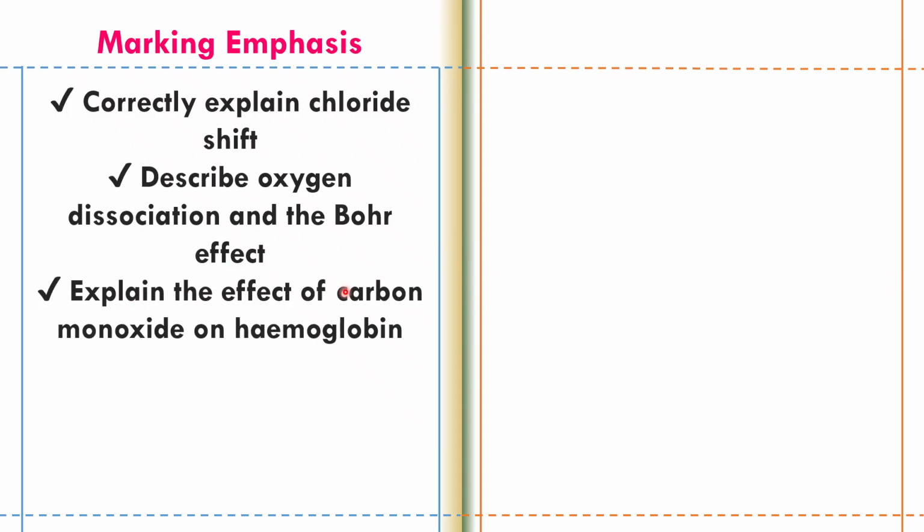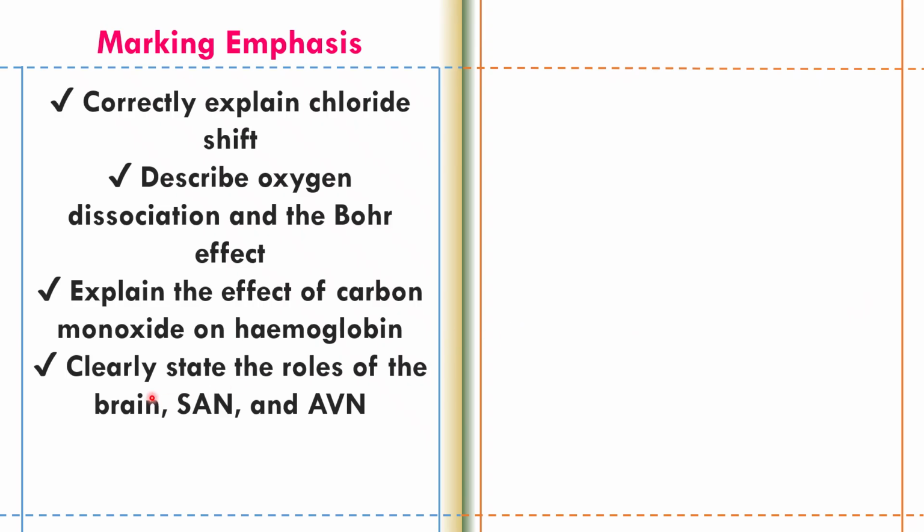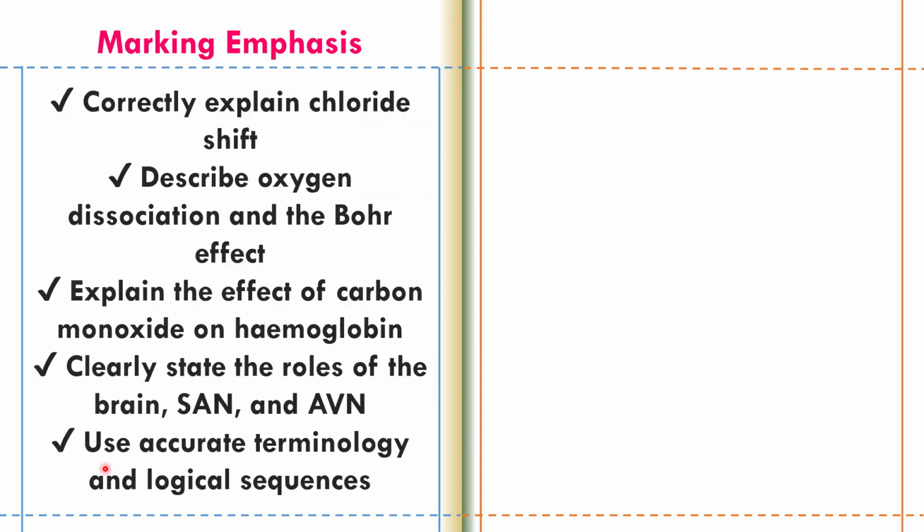Explain the effect of carbon monoxide on hemoglobin. Clearly state the roles of the brain, SAN, and AVN. Use accurate terminology and logical sequences.